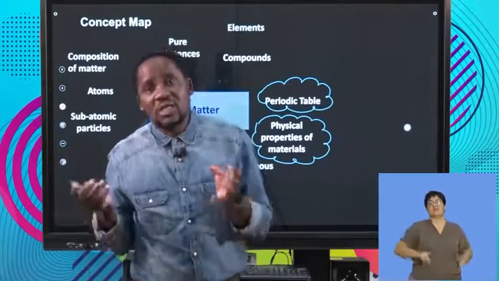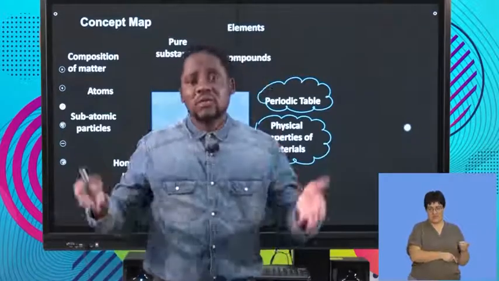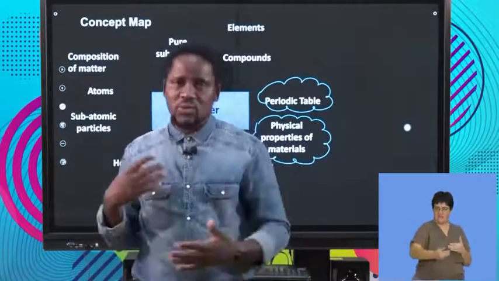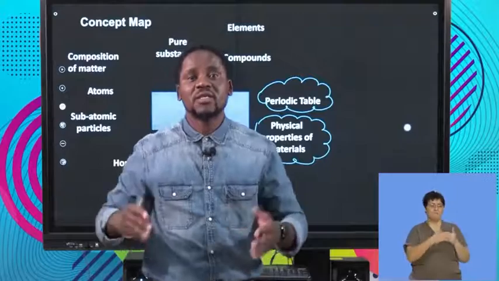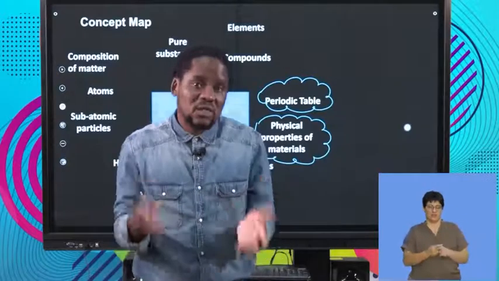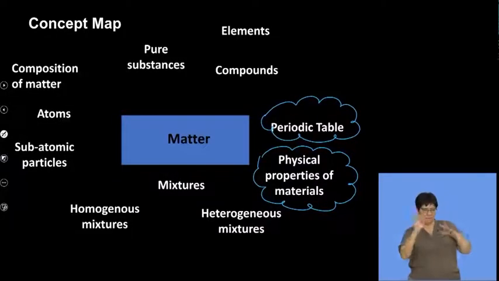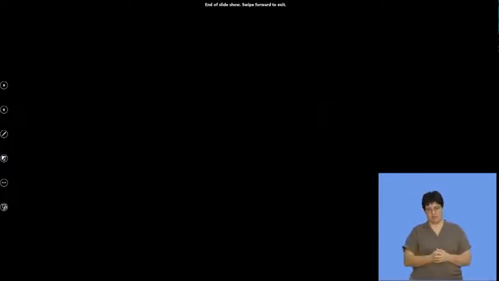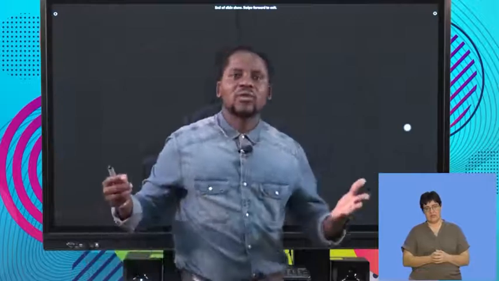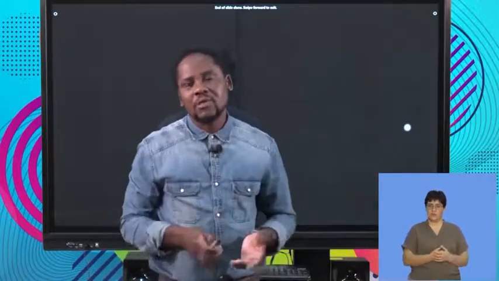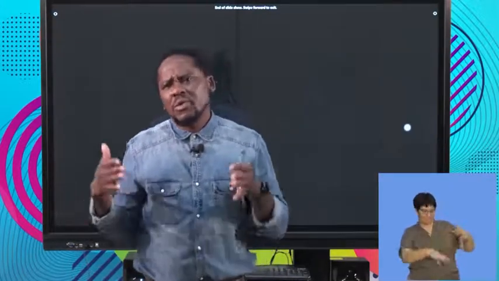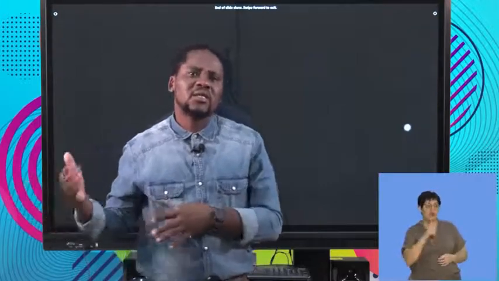So there is a special sequence in the periodic table, something that we'll look into in detail, what we refer to as the periodicity or the trends, the patterns in terms of the properties.